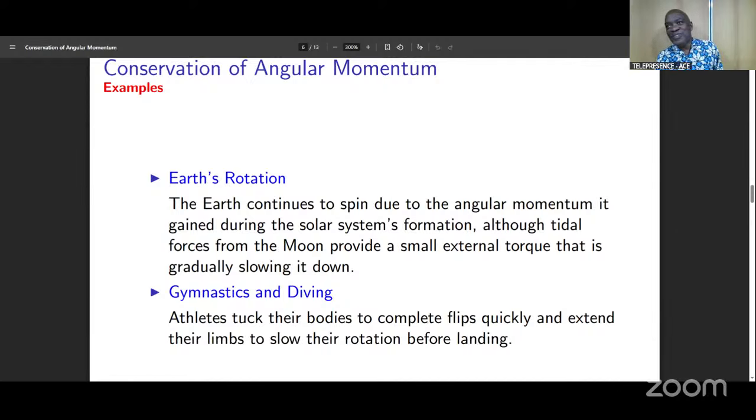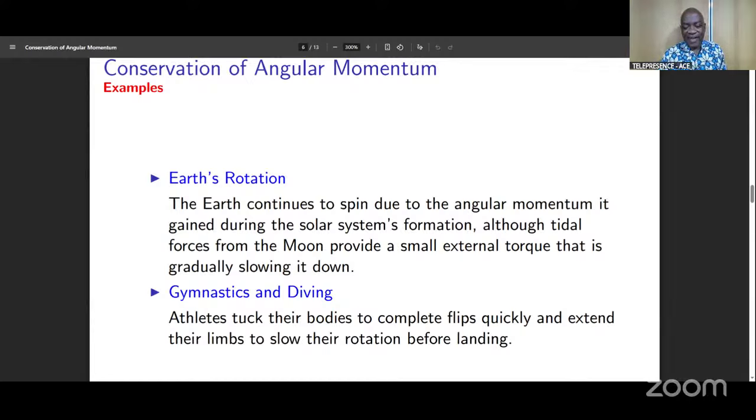So I hope you know the implications of this, for example, for our planet, since the external torque is not entirely zero. So think about that. Think about what it means to the conservation of angular momentum of our planet.